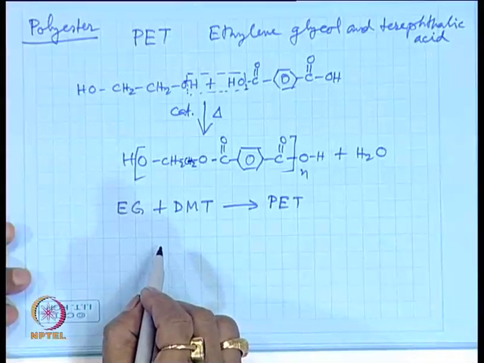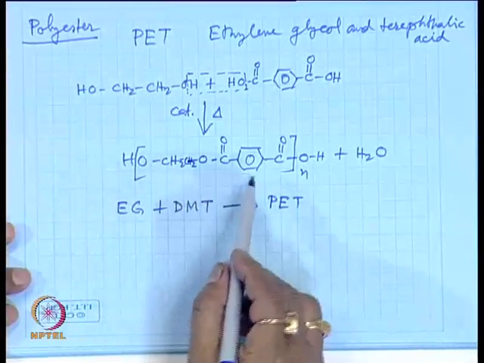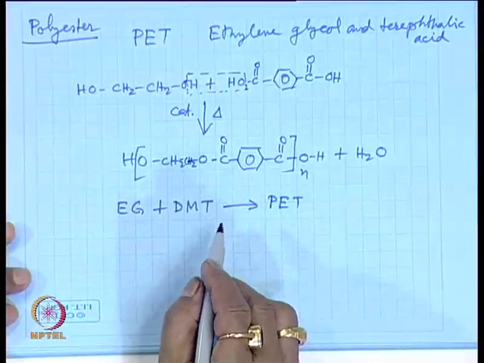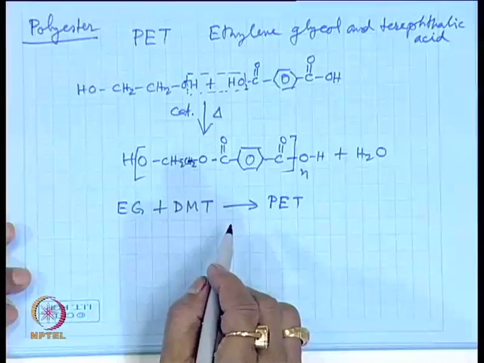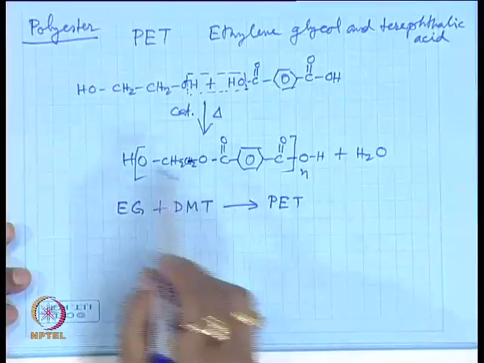This is a polyester. This is a saturated polyester, you can have unsaturated polyester too. If you react maleic anhydride with ethylene glycol or other alcohol, you will get unsaturated polyester.